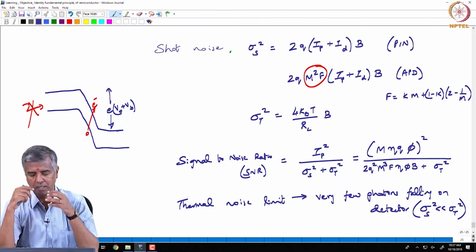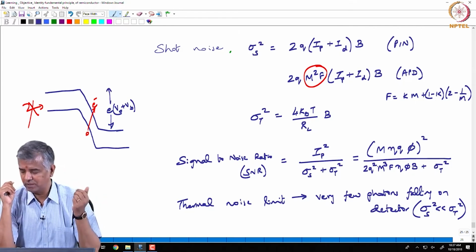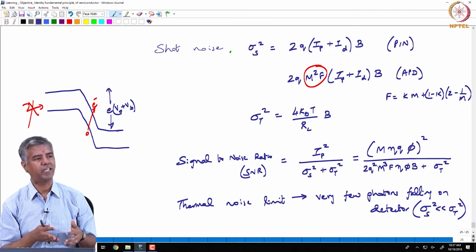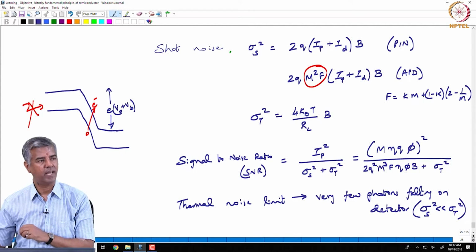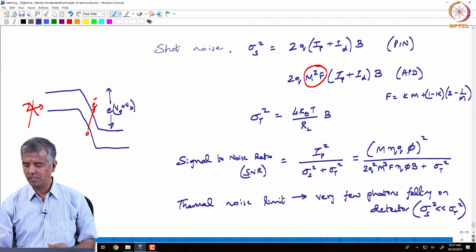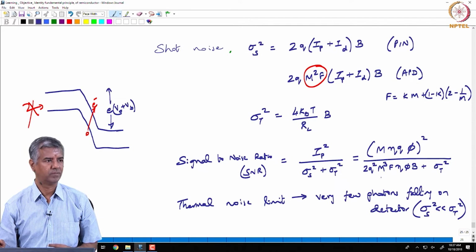Okay. But beyond that, in the shot noise limit is where the first factor in the denominator is larger than the second factor. Then in that case, what happens? It basically is like you have a 1 over M dependence, right.